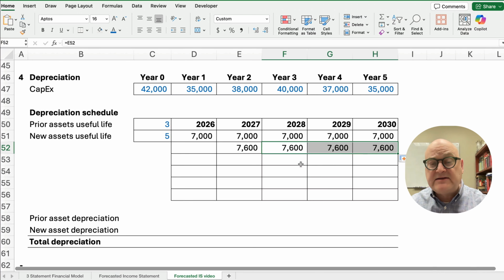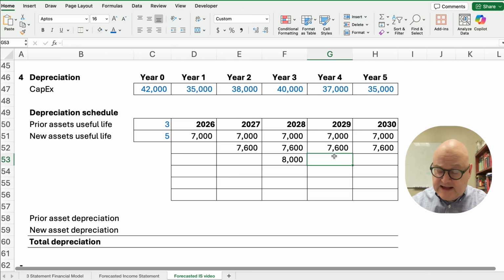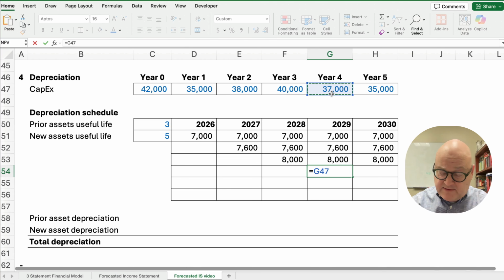So we do that for the next 3 years here. I'll do it quickly. 40,000 divided by 5. That's 8,000, so it's 8,000 all the way across. 37,000 divided by 5. That's 7,400.